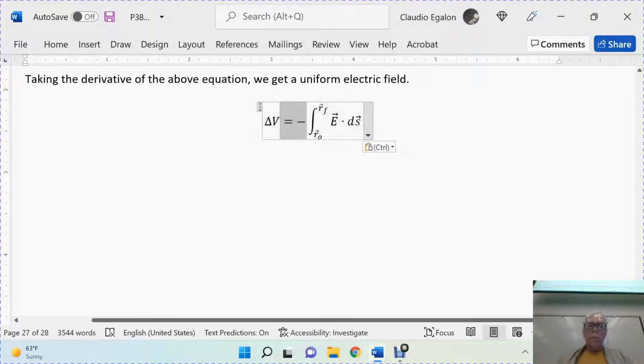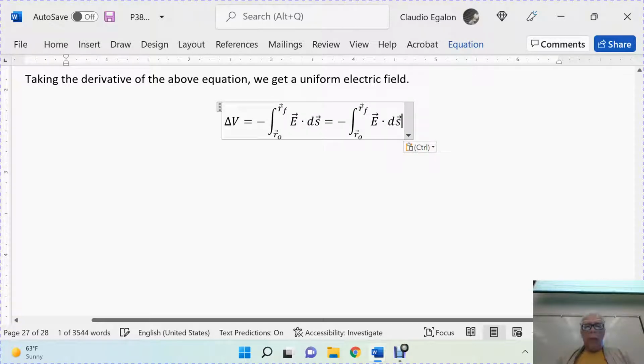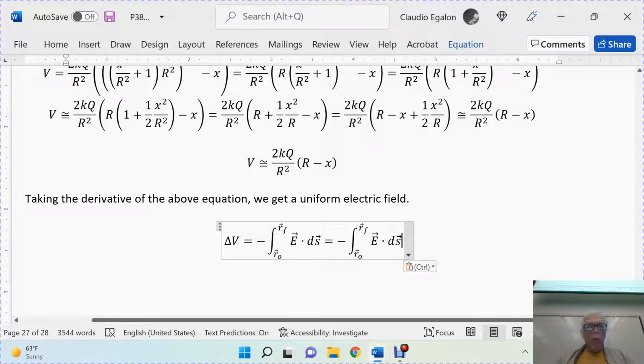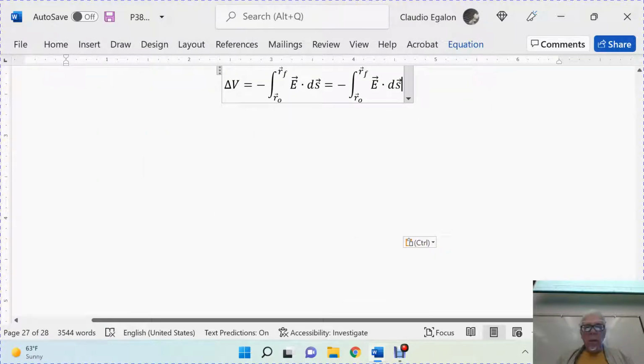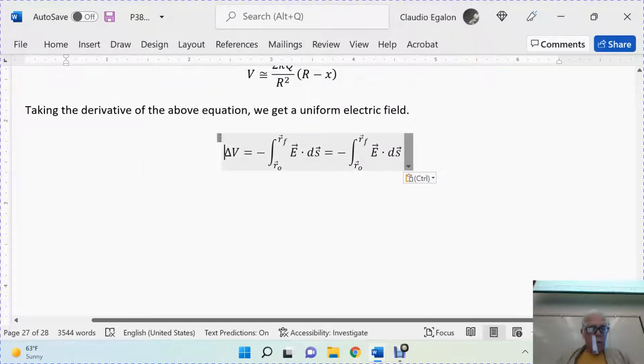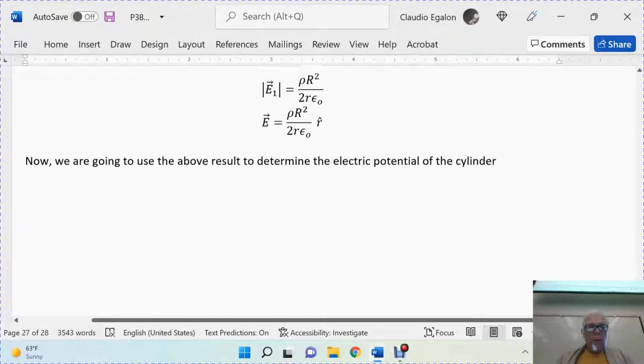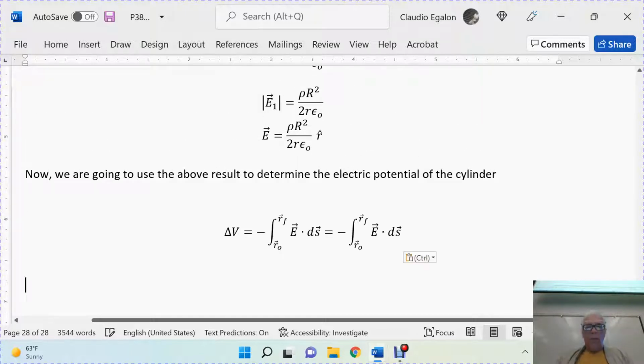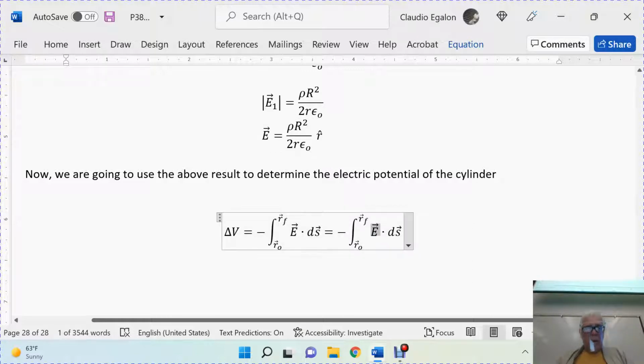Put the electric field right inside this integral, and then go ahead, do the dot product.